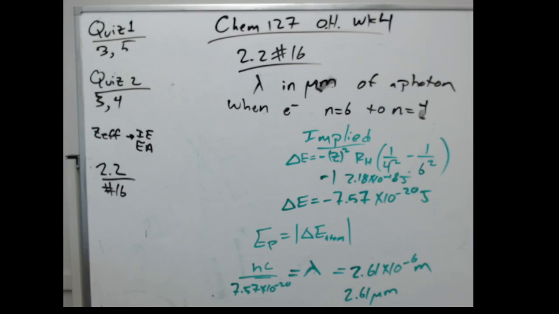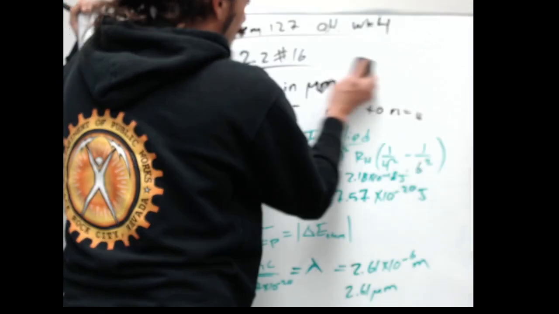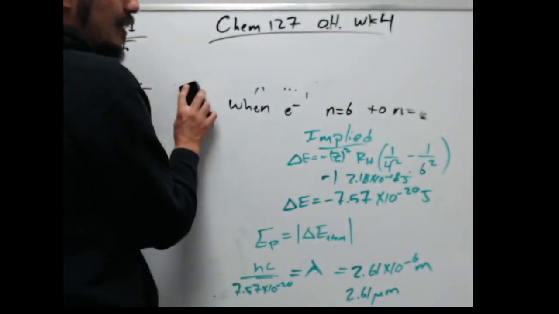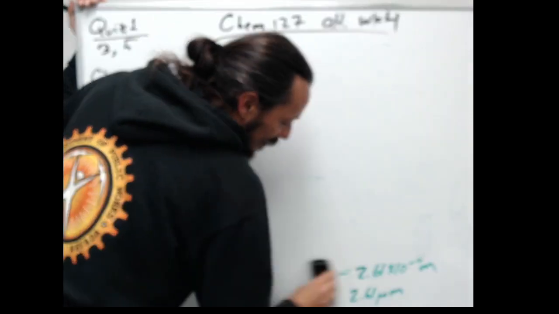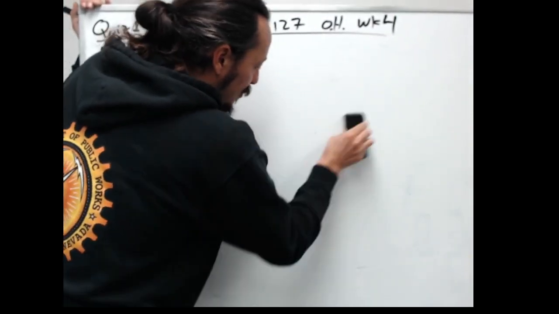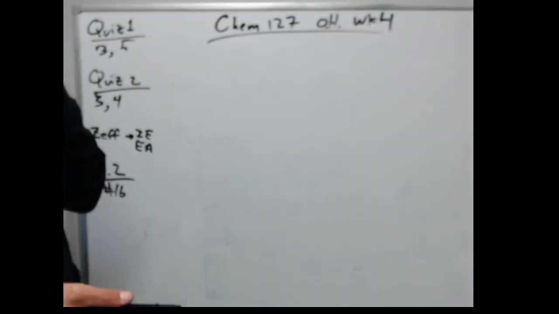Okay, let's go ahead and talk about effective nuclear charge, how it relates to ionization energy and electron affinity. I always think the best way to start these conceptual discussions is by defining each of these things.